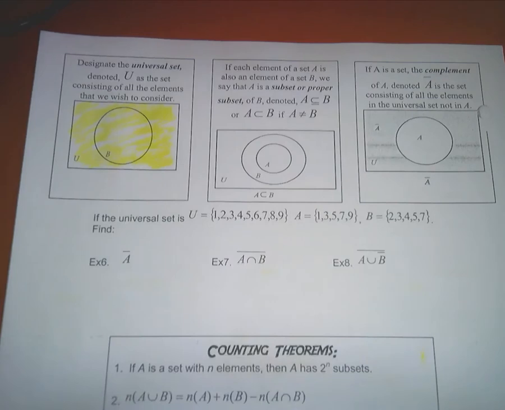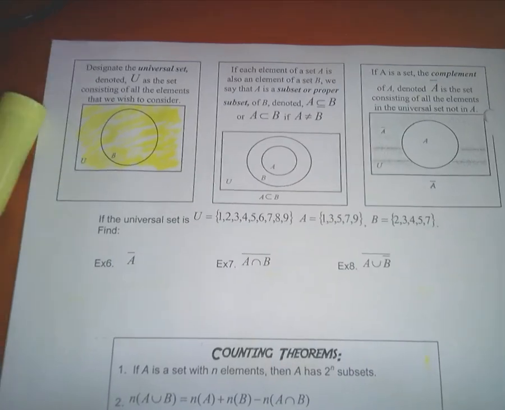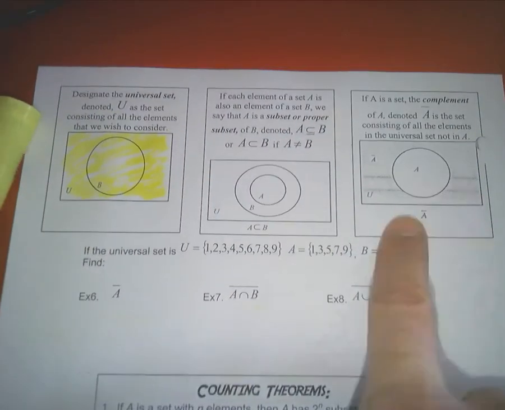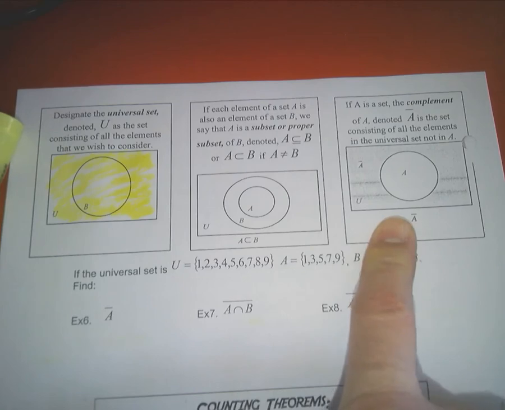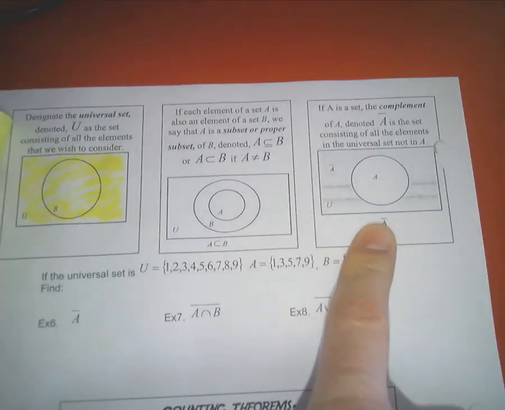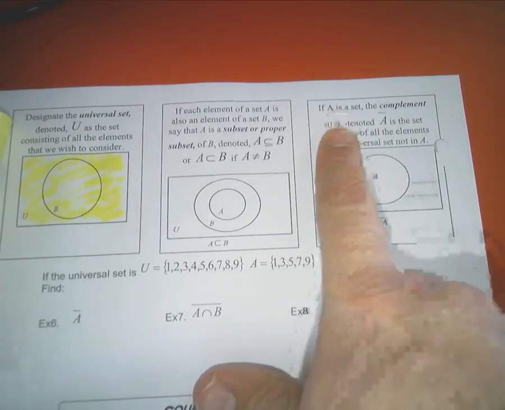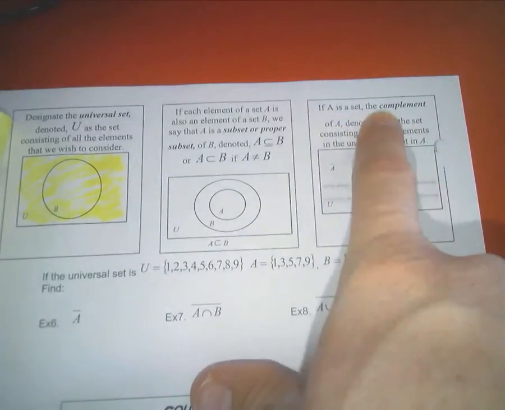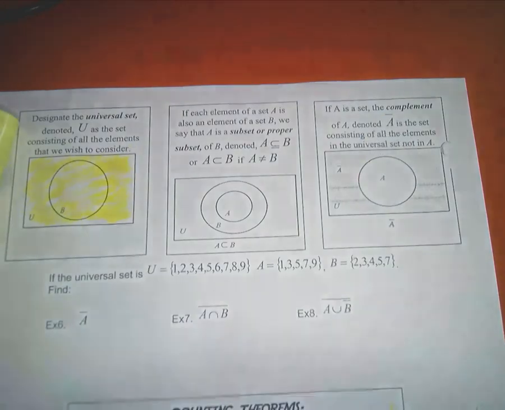So all of those numbers, 1, 2, 3, 4, 5, 6, 7, 8, and 9, is my universal set. Okay? Well, we're going to need that when we talk about the complement. So I'm going over to this box. The complement is the set denoted with the little A with a bar on top. You see that little bar?